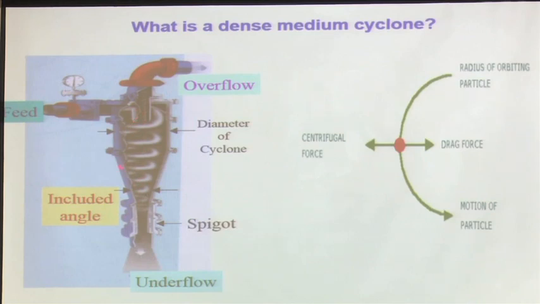Now, you see what will happen. There is a cylinder-conical geometry, because of that there is a pressure gradient, a pressure drop from here to here, because pressure is nothing but force per unit area. R is changing, R is bigger in the cylindrical portion, so the particle experiences much less centrifugal force than when it comes to the conical portion, because R is less.